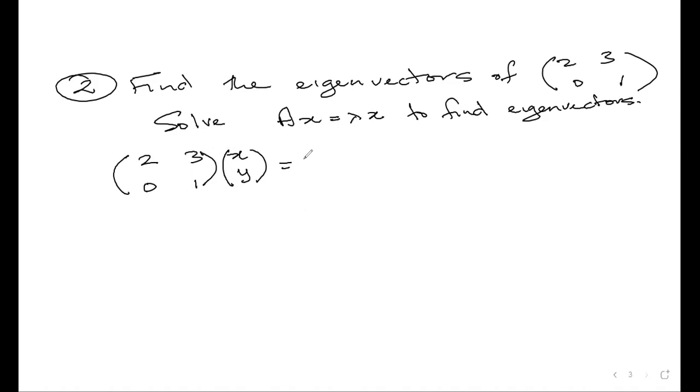And so I'm going to use the first eigenvalue, which is 2. And whenever we are doing this, we always end up with an equation that is singular, or an equation that is dependent. I don't know if I use the correct maths word.